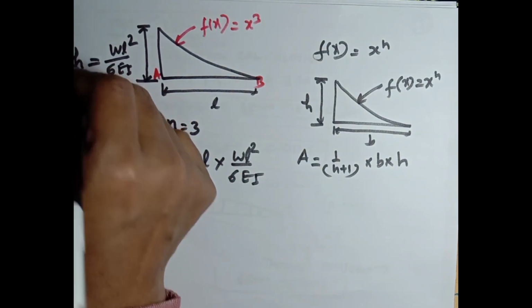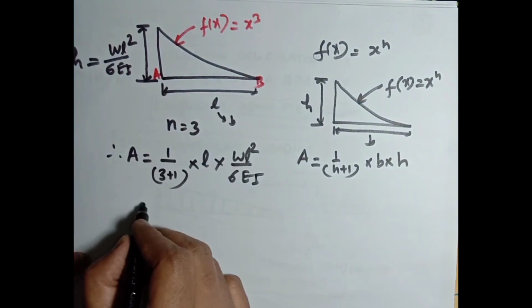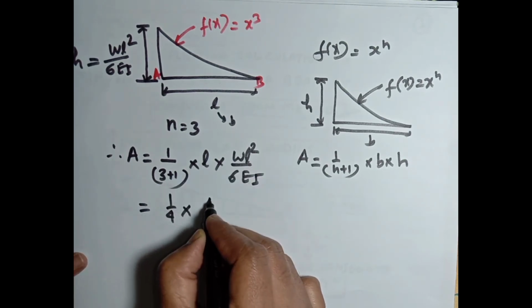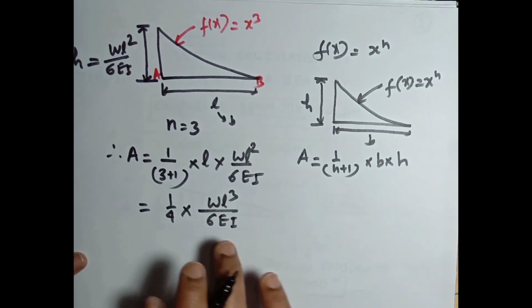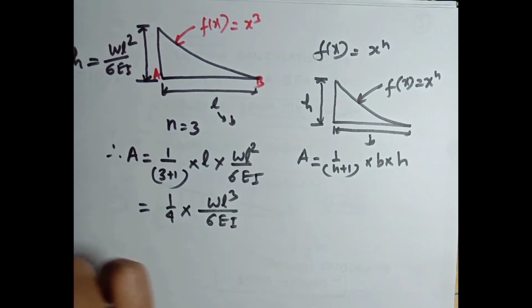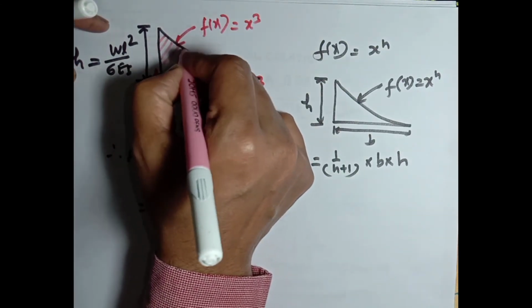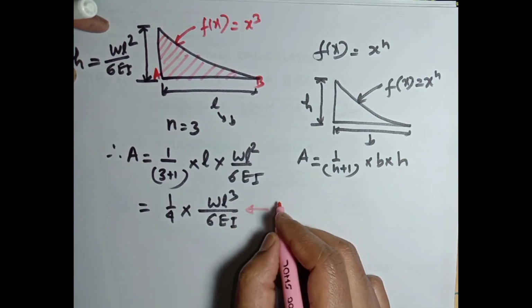This is the height, and this is B. So it will be 1 divided by 4 multiplying WL cube divided by 6EI. This is the area of this loading diagram, the area of this shaded portion.